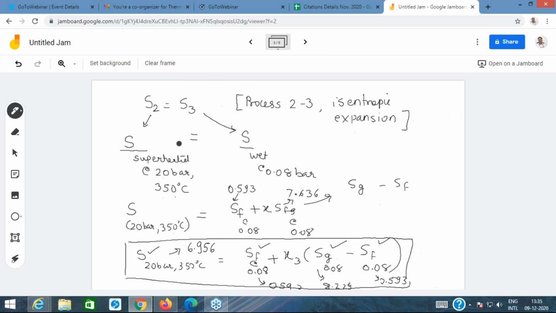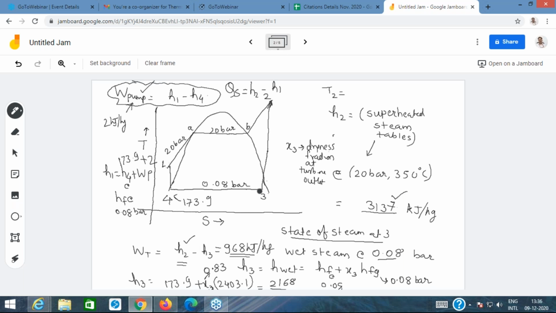So the only unknown in this equation would be the dryness fraction. Once you get that dryness fraction x3, put it in to determine the enthalpy at 3. That is, H3 is Hf plus x3 Hfg. This way you get the enthalpy at 3.